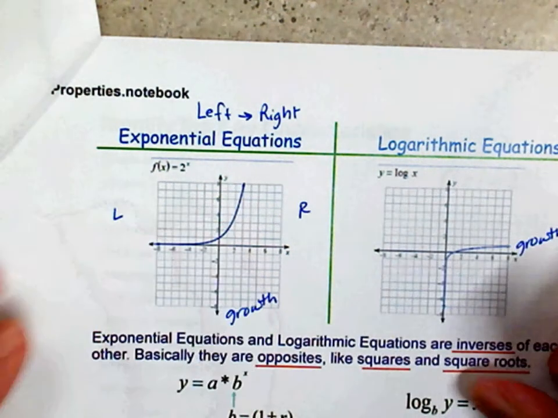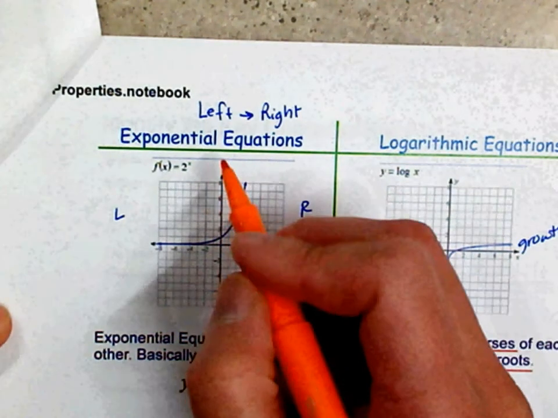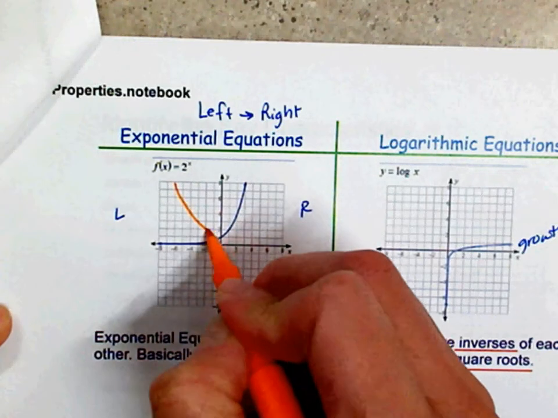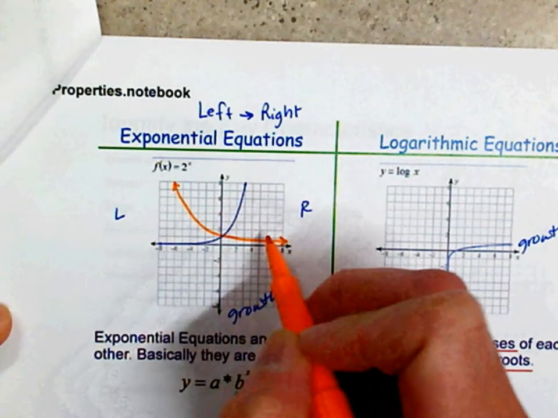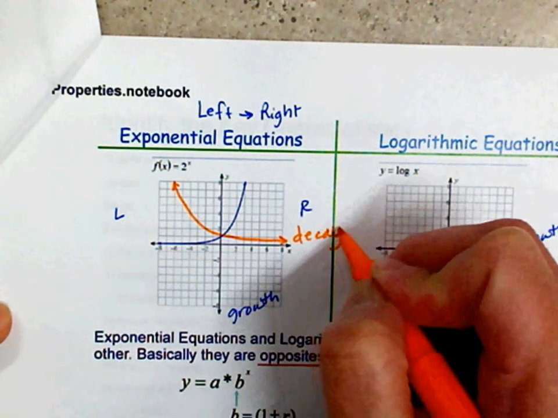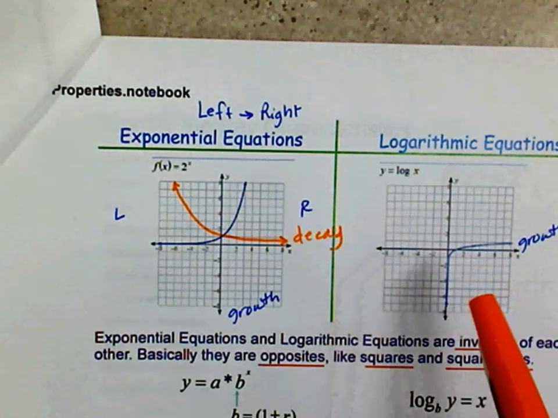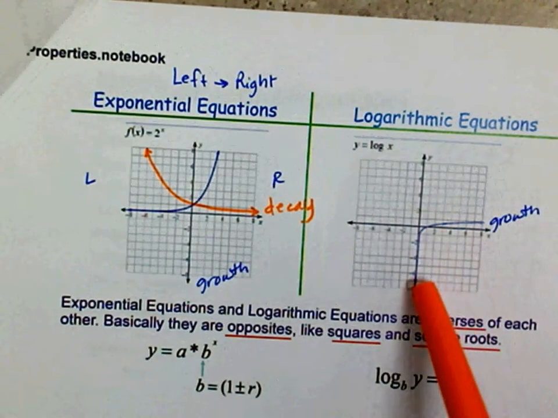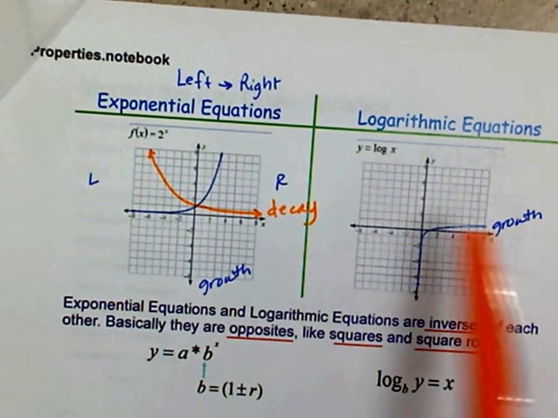Now, if your graph had gone like this and then comes down, see how it's coming down from left to right? This would be a decay. Left to right going down is a decay. Left to right going up is a growth. Regarding logarithms, we'll talk about logarithmic equations later. This is also a growth, and you'll see a decay will go like this later on.